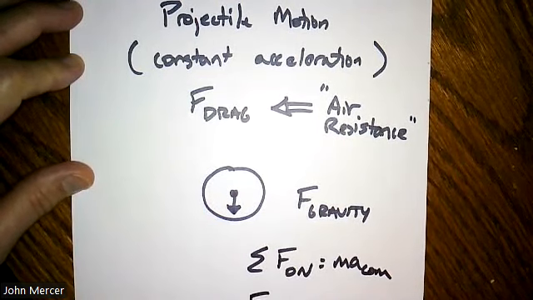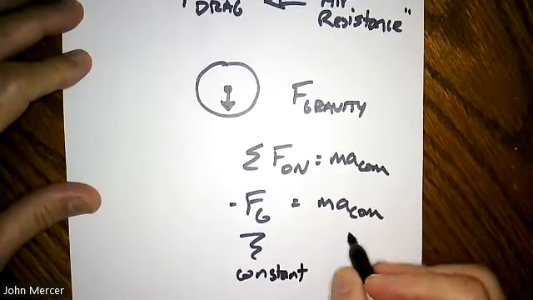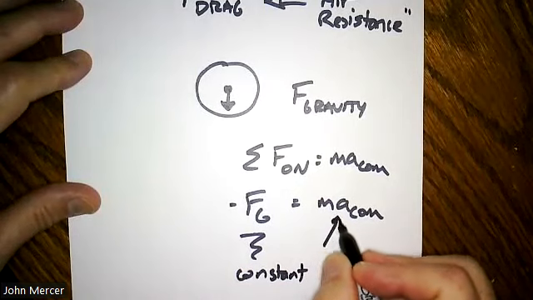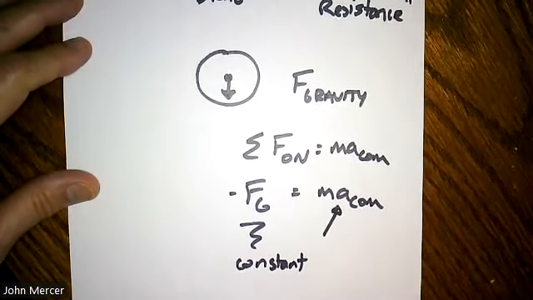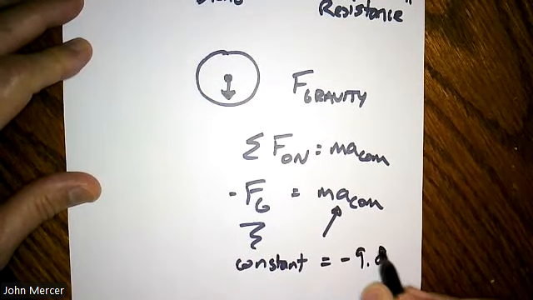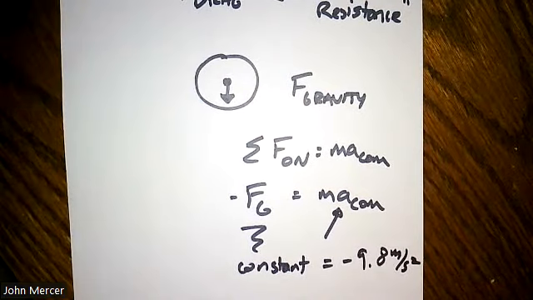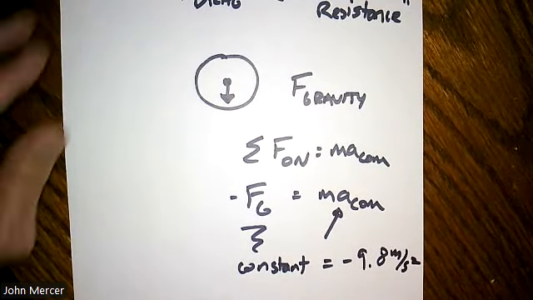and we have the force due to gravity, which is a downward force, and that's a constant, and therefore acceleration is also constant. And we know that when gravity is the only force acting on the object, it will accelerate at negative 9.8 meters per second squared.